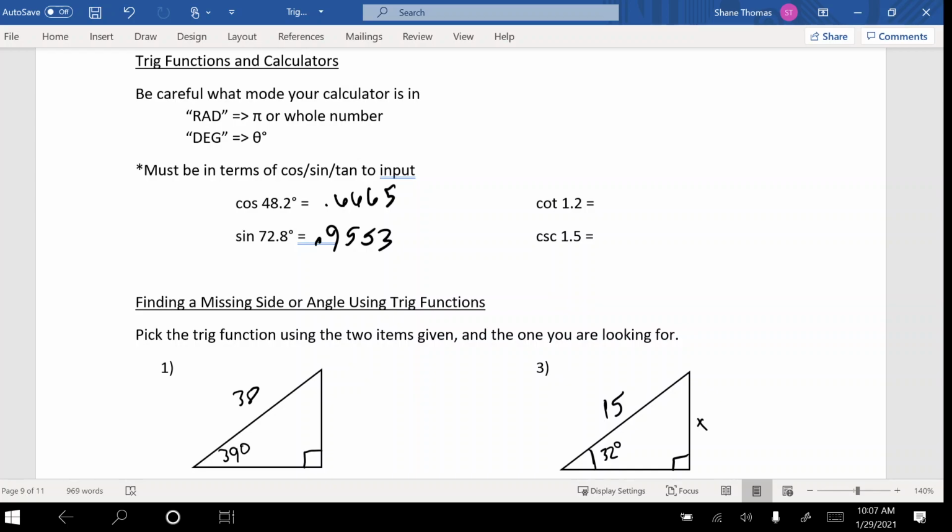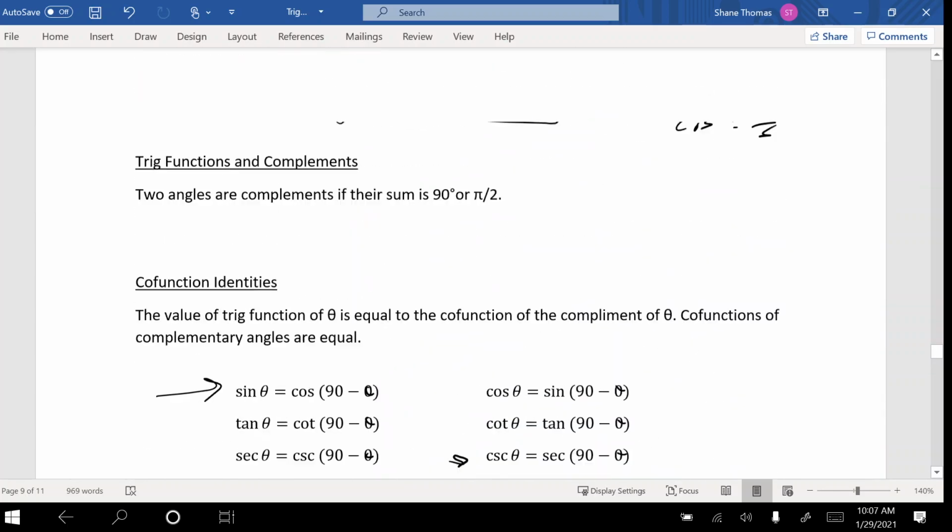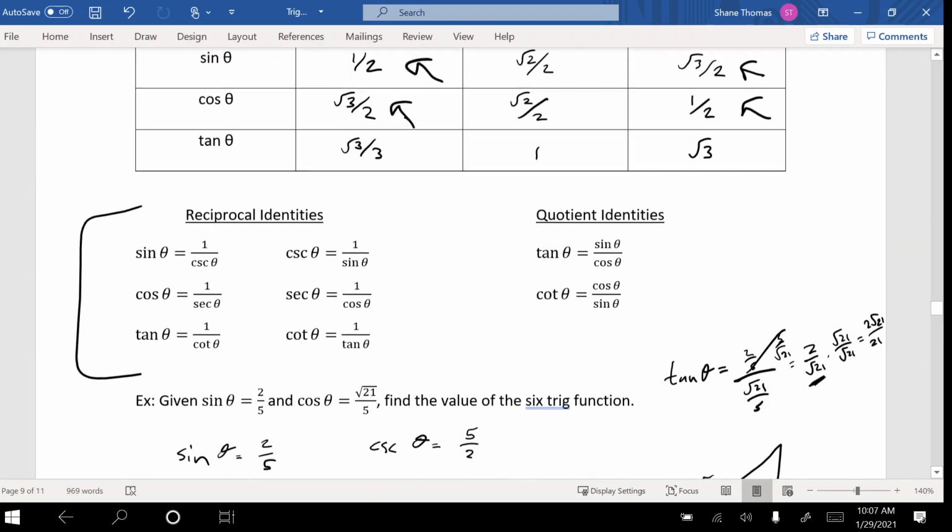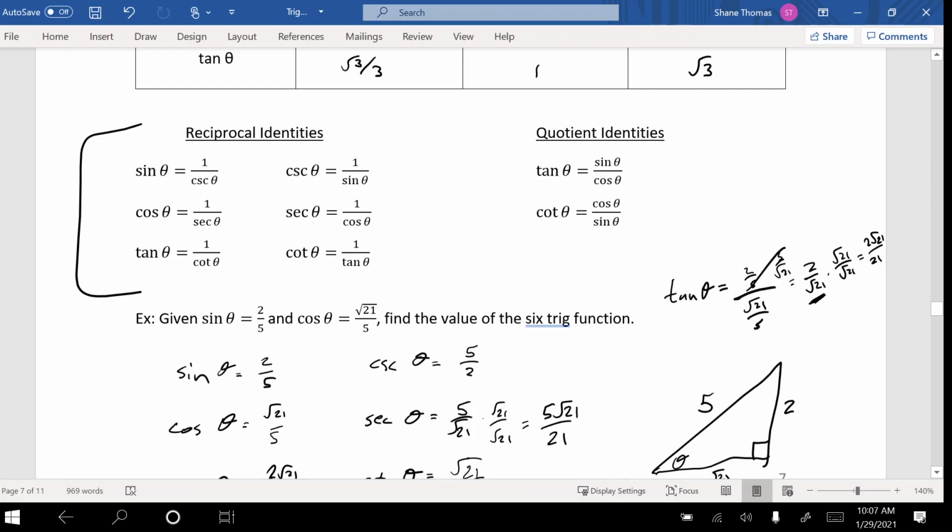Now, we got a problem though. Anything you have must be in terms of sine, cosine, or tangent. If you look at that calculator, do you see a cosecant, secant, or cotangent anywhere? No, you don't. Now, if we remember back to our identities, let's go back up here once. These are reciprocal identities. If we have the cosecant, that's the same as 1 over the sine, and so on.